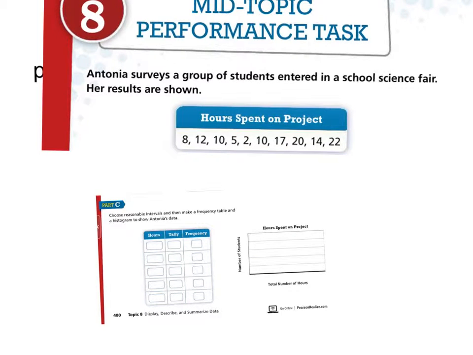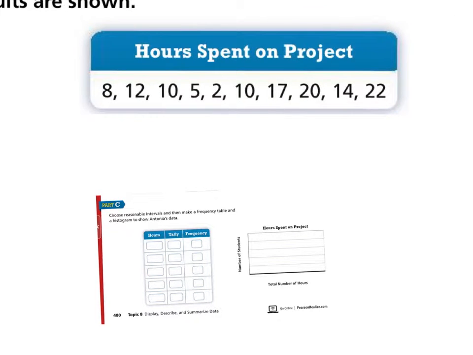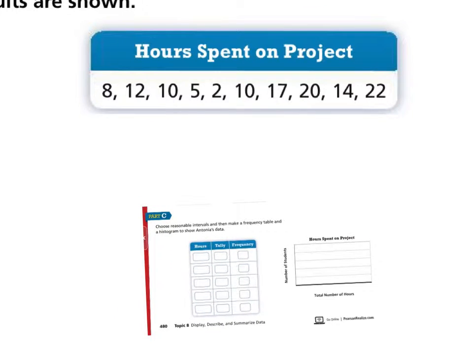we have some results of a survey of students entered in a school science fair. So this is how many hours they spent on their projects. We're going to be coming up with a frequency table for this.